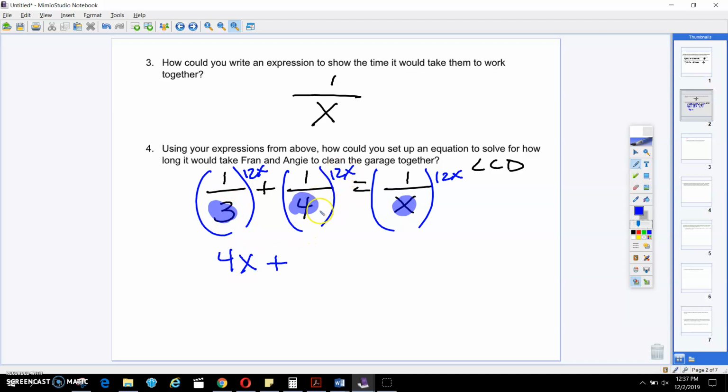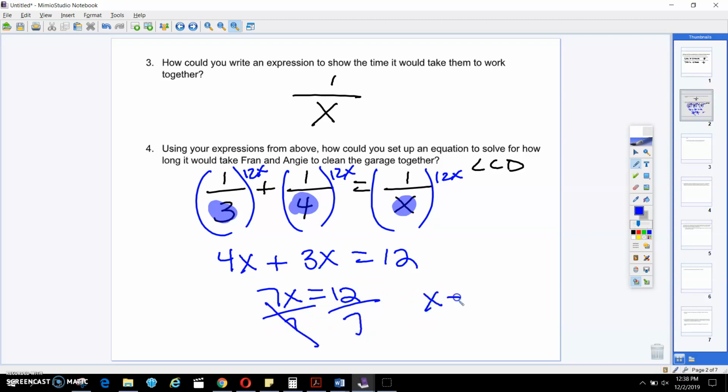If I simplify this one, I'm going to get 12x over 4, which is going to give me 3x. 12x over x, that's going to give me 12. I'm going to combine my like terms, so this will give me 7x equals 12. And I'm going to divide both sides by 7. So x is going to equal 1.71 hours, right?